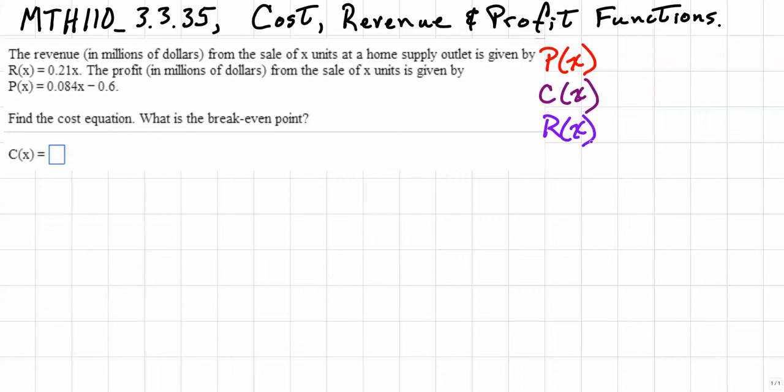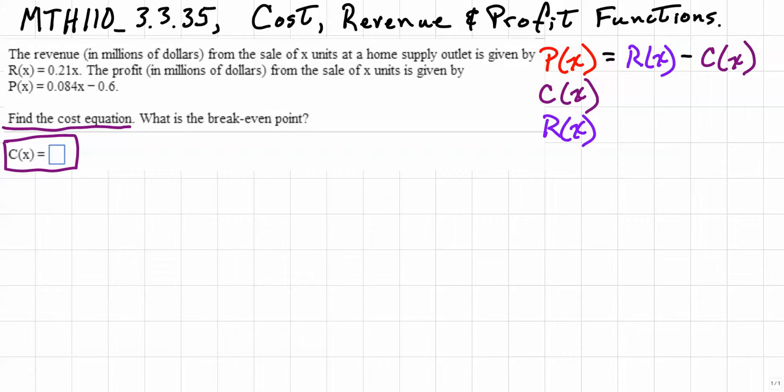The profit function will be equal to the revenue function minus the cost function. But I'm looking for the cost function in this particular problem, as indicated right here: find the cost equation or cost function.